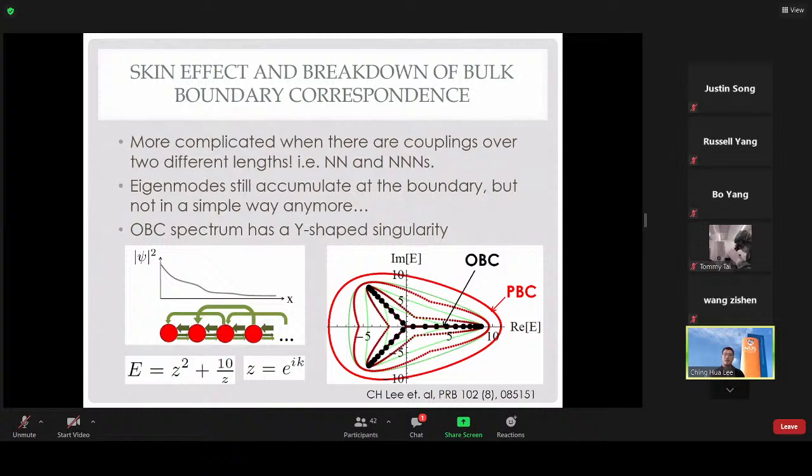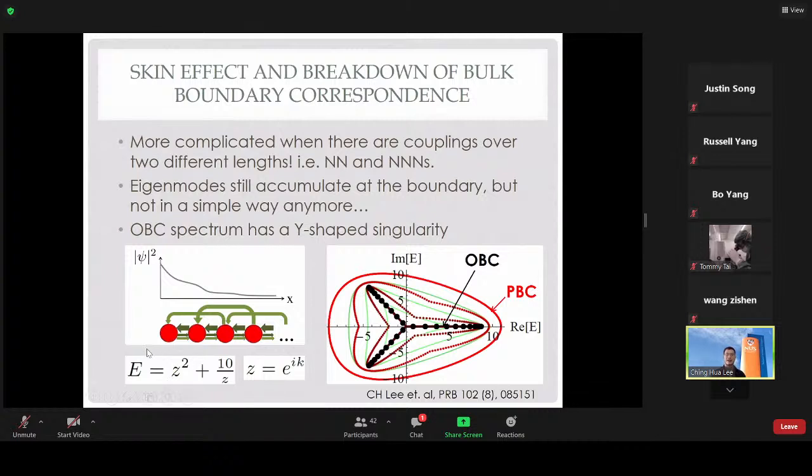So the model that I showed was probably one of the most trivial examples that's easy to understand. Once you add slightly more complicated hoppings, for example, a coefficient of 1 for the next nearest neighbor hopping from the right to the left, and a different coefficient for nearest neighbor hopping from left to right, so that you have unbalanced couplings between different distances, you can get much more interesting spectra.